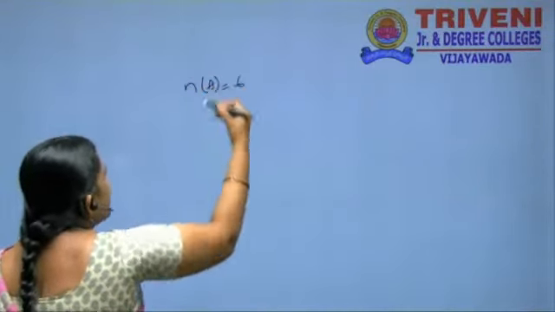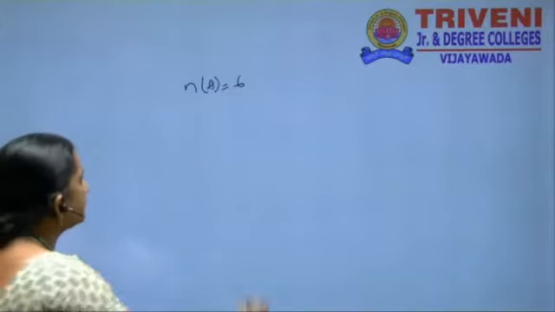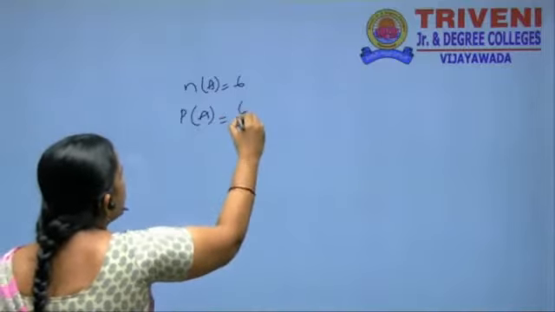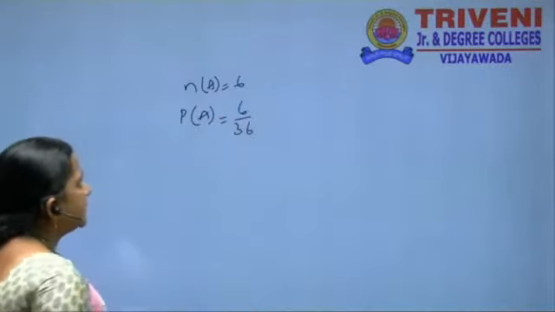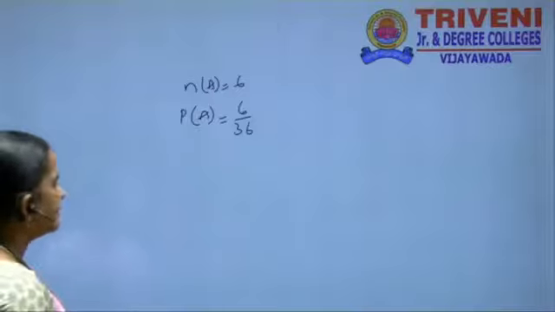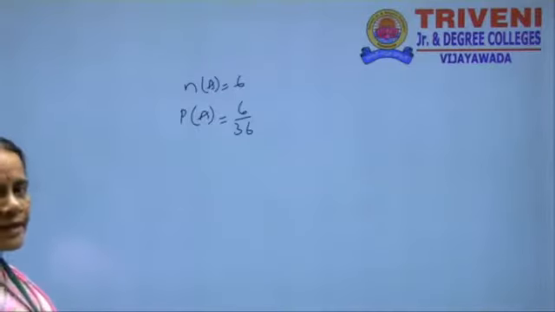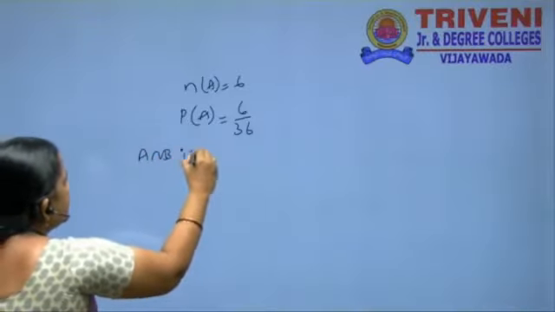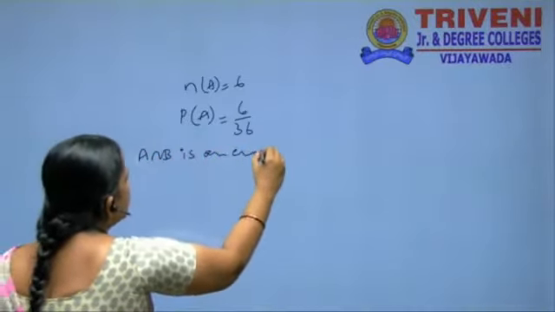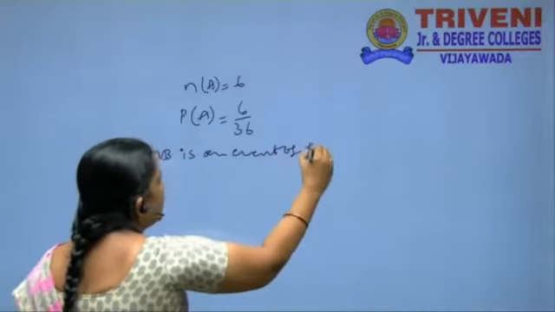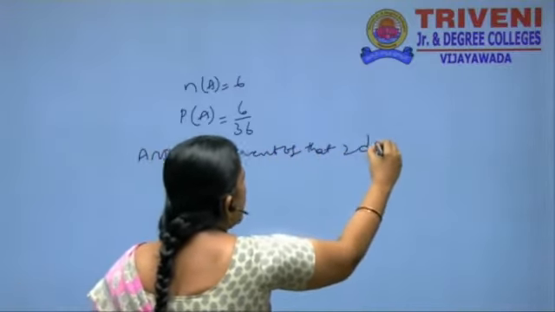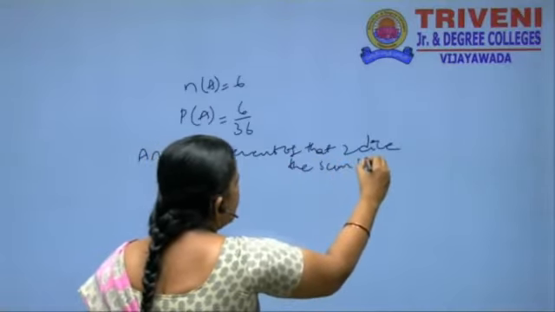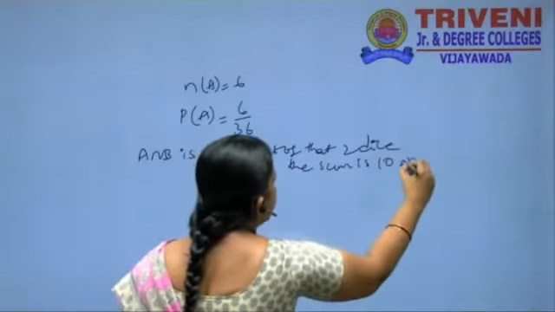Then the probability of A, 5 appears on the first die, is P of A equal to N of A by N of S, that is equal to 6 by 36. And for 10 or greater, we have to take A intersection B as an event of the 2 dice, where the sum is 10 or greater.